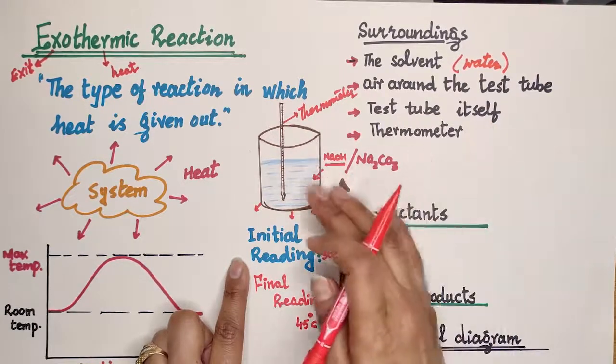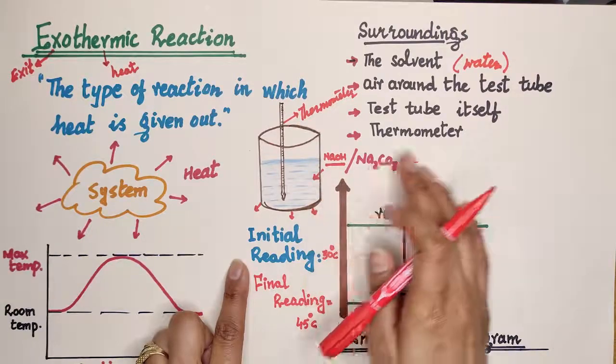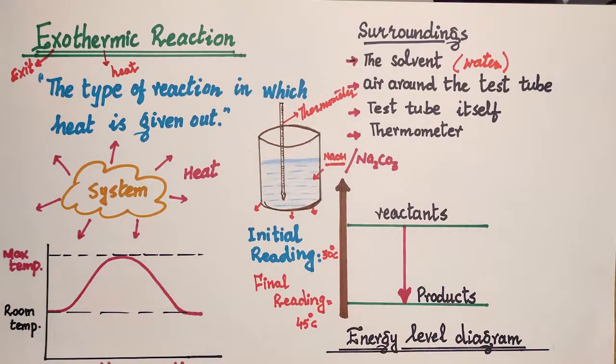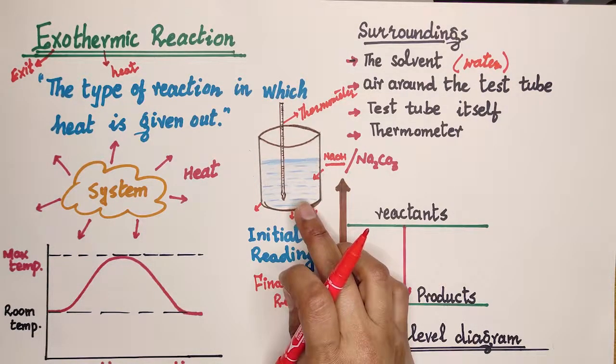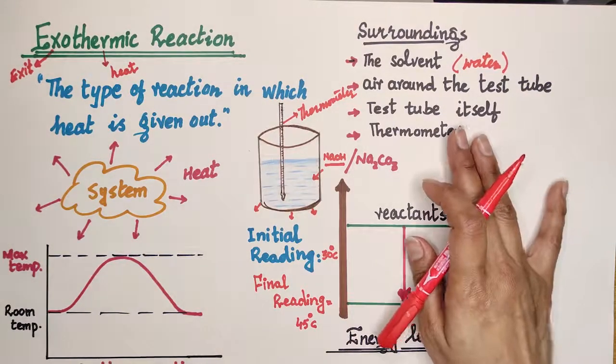The beaker, or if we use a test tube, then the test tube itself is the surrounding. The thermometer is the surrounding. All the parts which are not reacting, or not part of the chemical reaction, are called the surrounding. So this is the surrounding which we describe for this system.